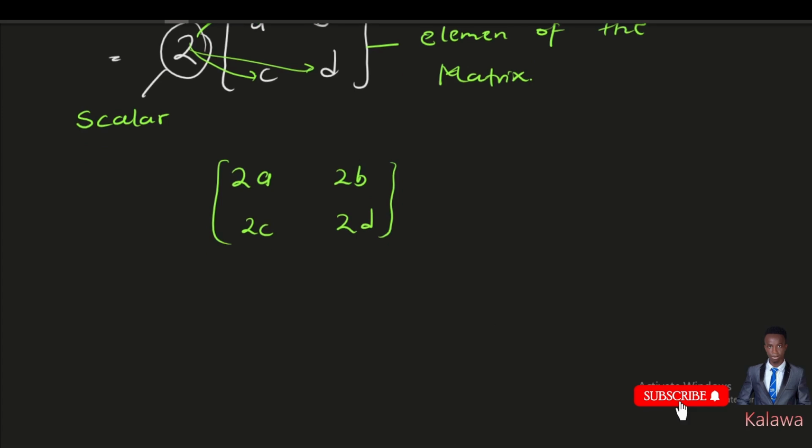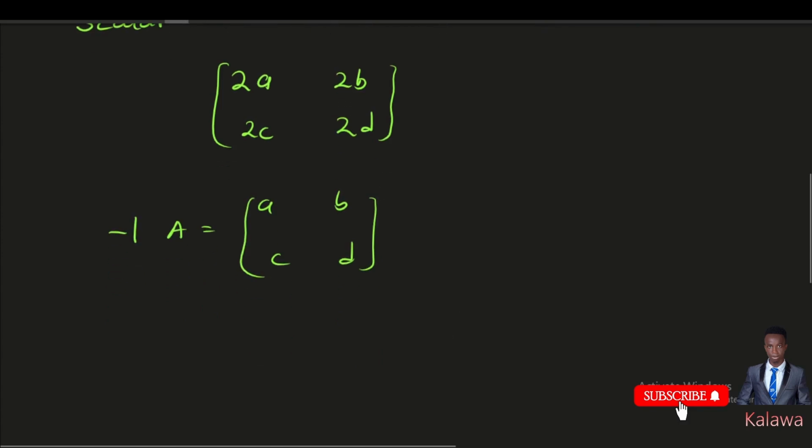Let's say again we are given minus 1 A, and then the A element is again A, B, C, D. You always take note of the sign. So now this is going to be minus 1.